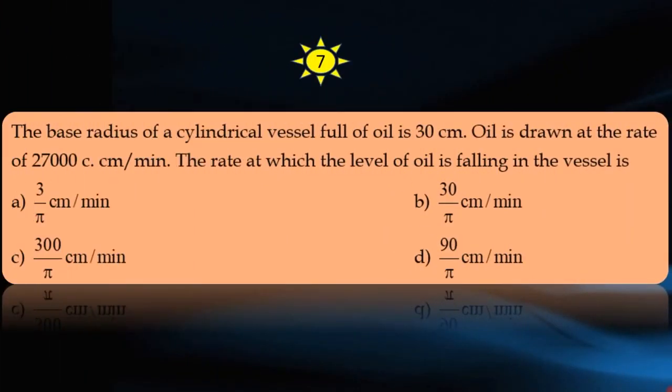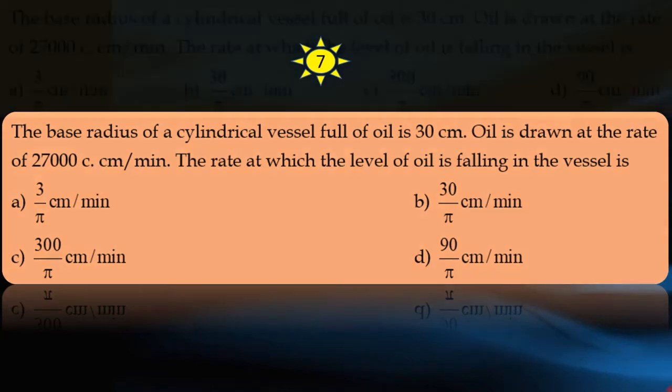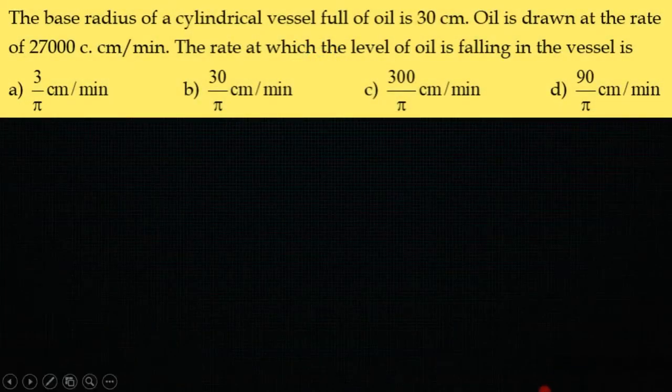Dear students, see the question number 7. Read the question and write it. The question is, the base radius of a cylindrical vessel full of oil is 30 centimeters.